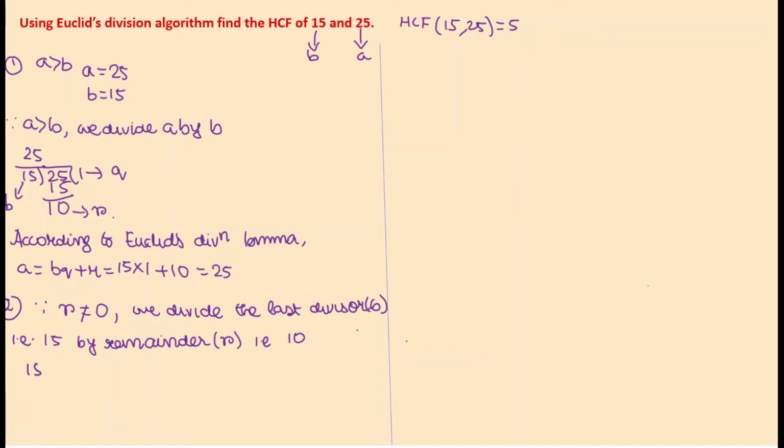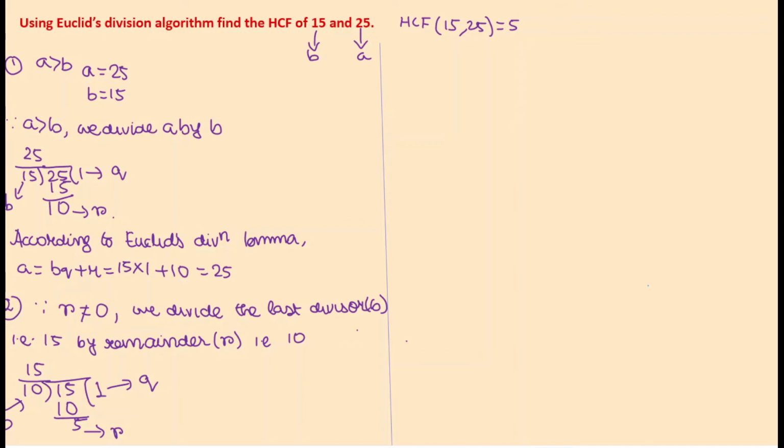So 15 divided by 10: 10 ones are 10, remainder 5. Over here 10 is the divisor, 1 is the quotient and R is the remainder.